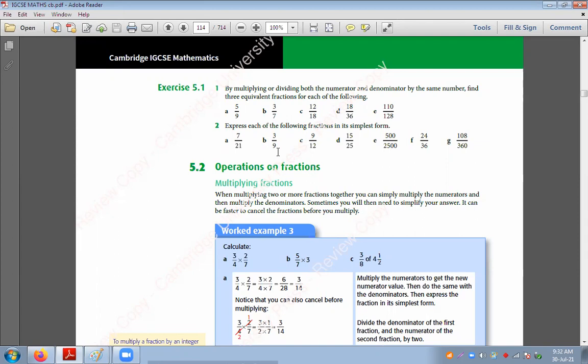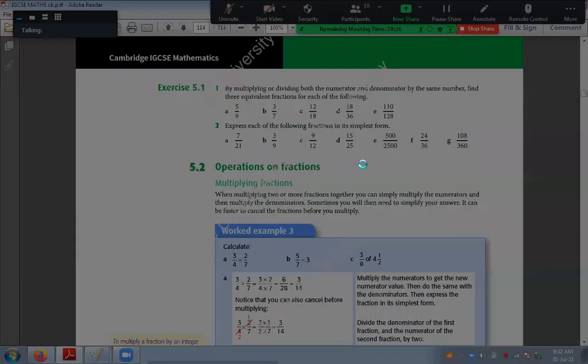Equivalent fraction means when numerator and denominator are multiplied by the same number, then we will get equivalent fractions. So here we can do the examples. 5 by 9: you will multiply 5 with 2, then 5 becomes 10, 9 becomes 18. So 10 by 18 is also an equivalent fraction.